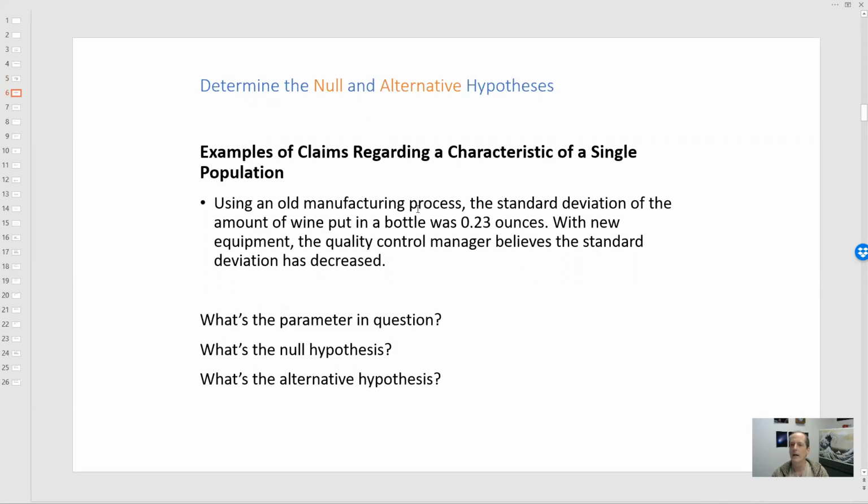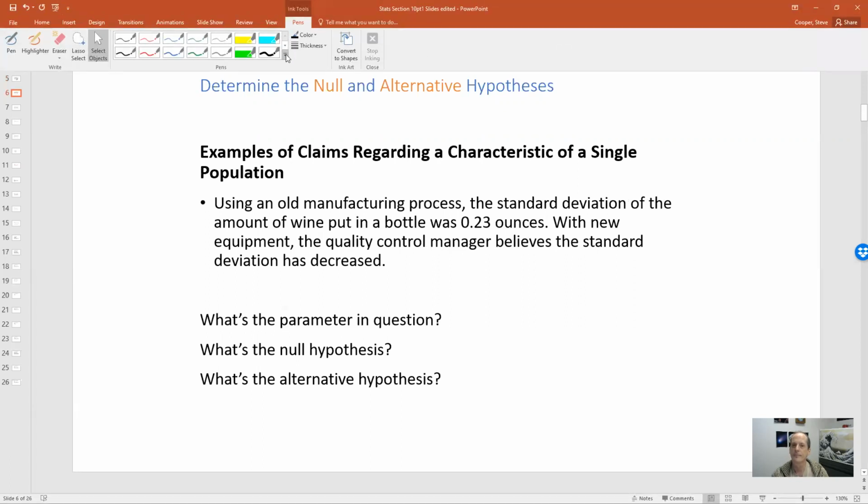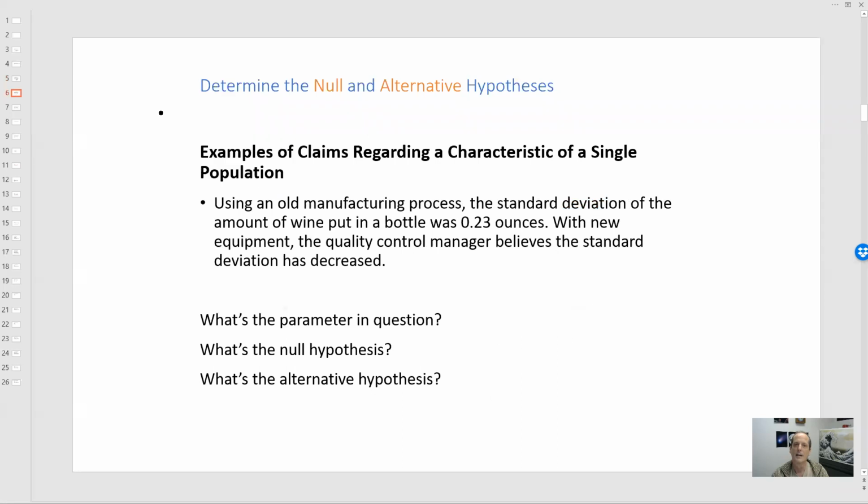Here's another one, different parameter. Using an old manufacturing process, the standard deviation of the amount of wine put in a bottle was 0.23 ounces. With new equipment, the quality control manager believes the standard deviation has decreased.